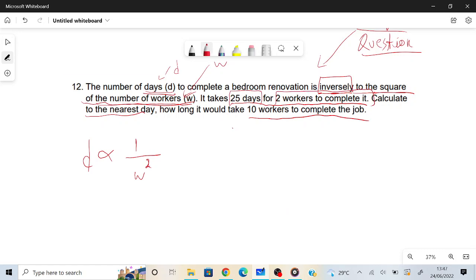This is simply telling us that when D is equal to 25, our W is equal to 2.